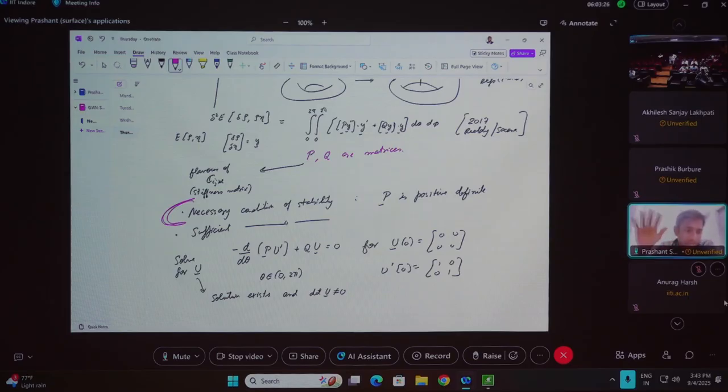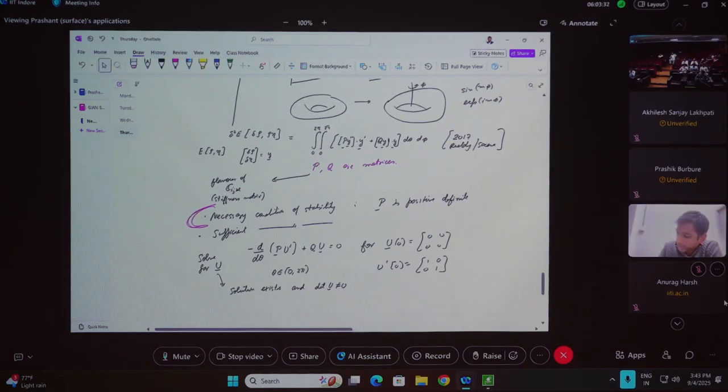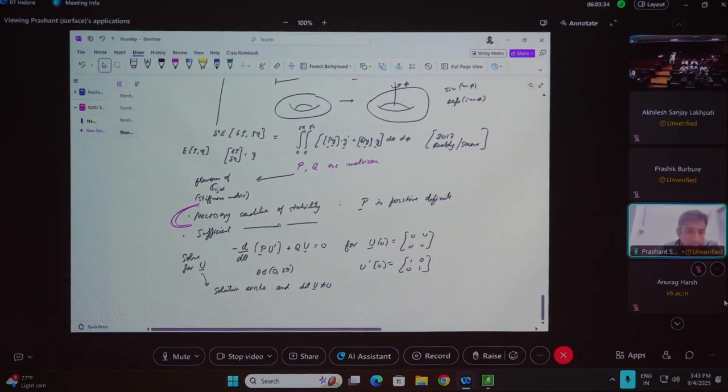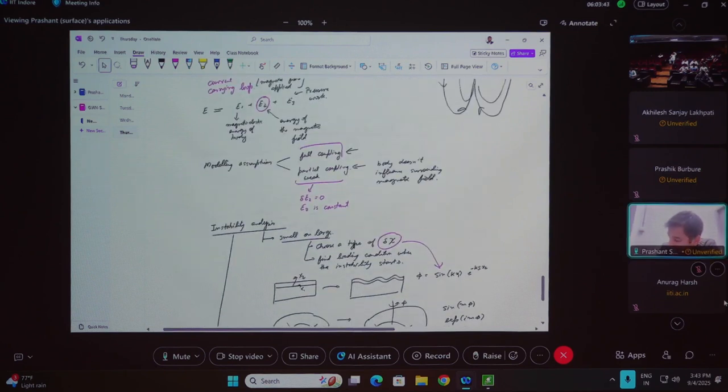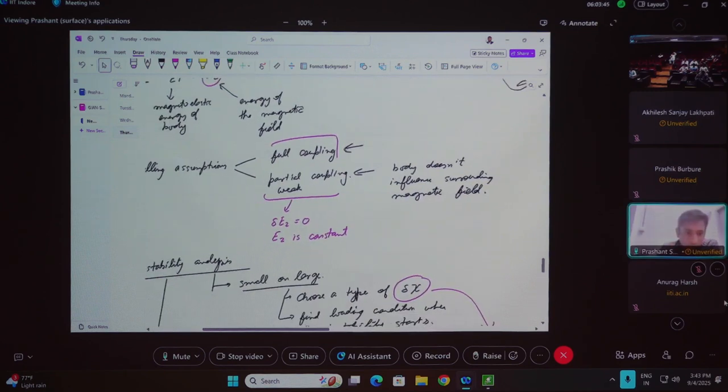That's just out there for you. Okay, so this was not exactly linked to the magnetic problem. This is applicable to any problem in general. And then for the magnetic problem, you can always move between full coupling and partial coupling and try to make it harder or easier depending on what you want to do.